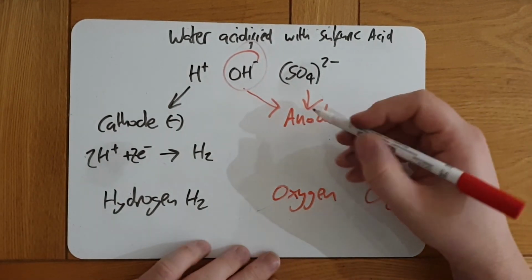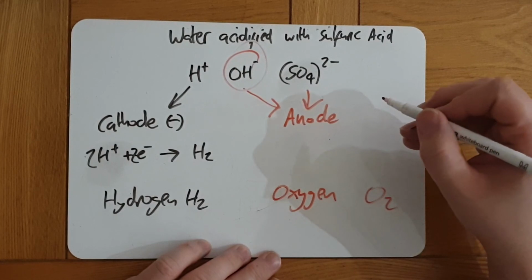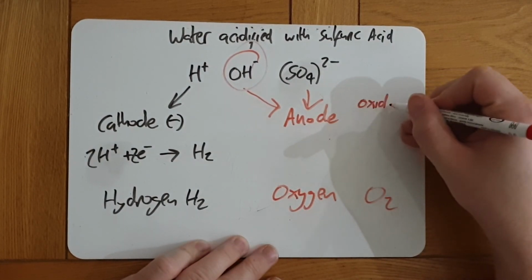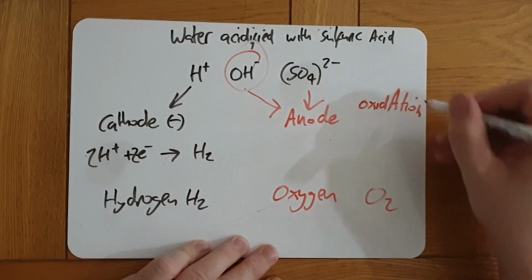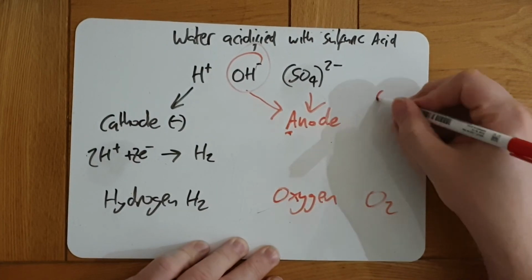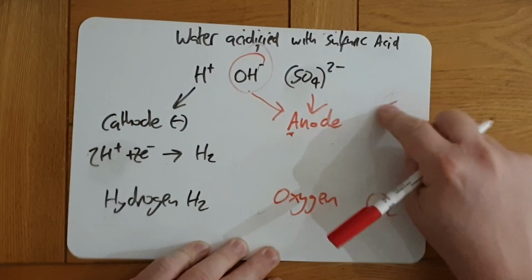Right, so hopefully you've got the anode is oxidation. Remember, oxidation at the anode. And then for OIL RIG, oxidation is loss of electrons.